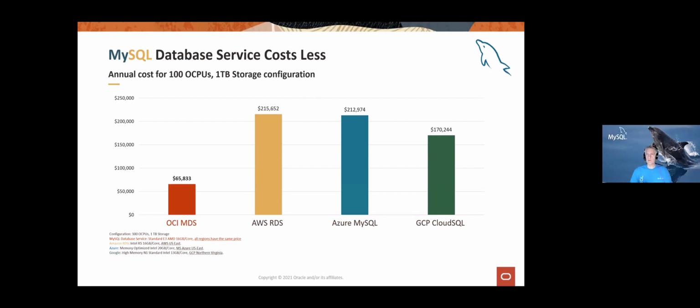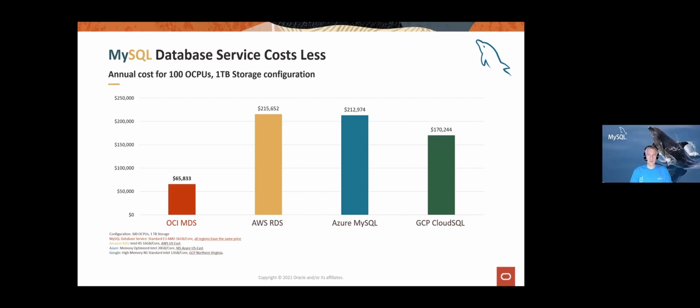So in the other clouds we plugged in the numbers equivalent to 100 OCPUs, and 1 terabyte of database storage. And so these are the numbers that we came out with. Just be aware that in Oracle Cloud, the MySQL database service has one core bring 16 gigabytes of RAM.